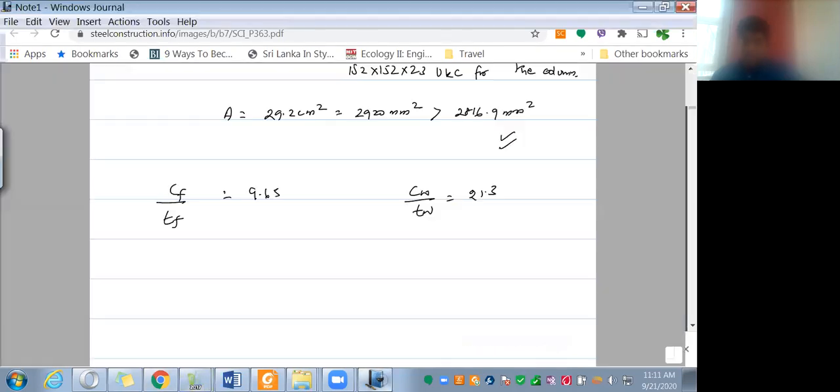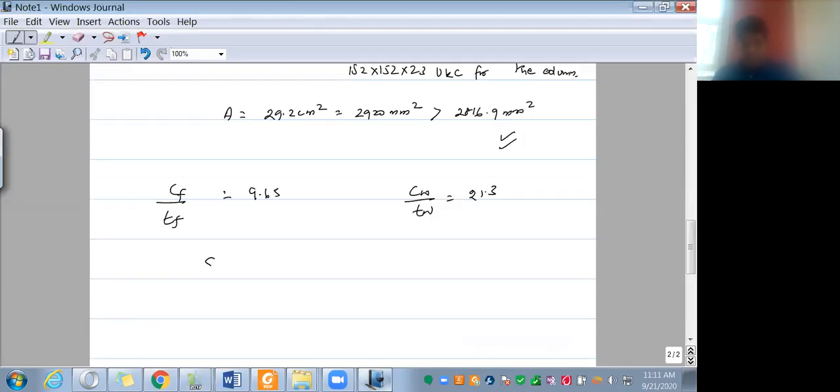So since tf and tw are less than 16 millimeter, Fy is 355 Newton per millimeter squared.